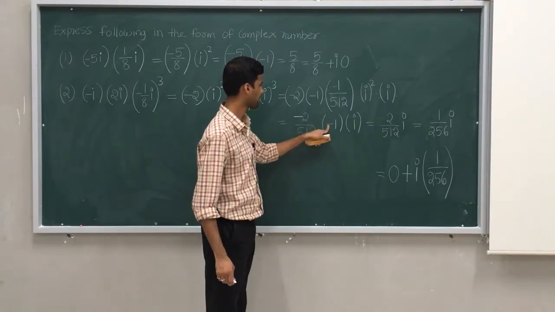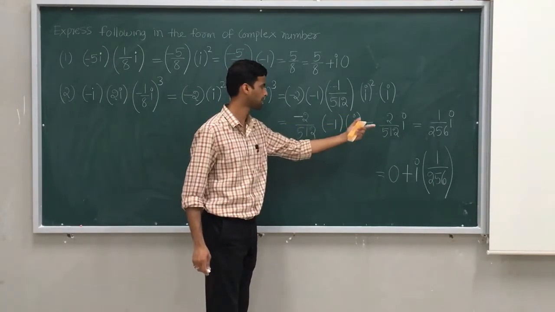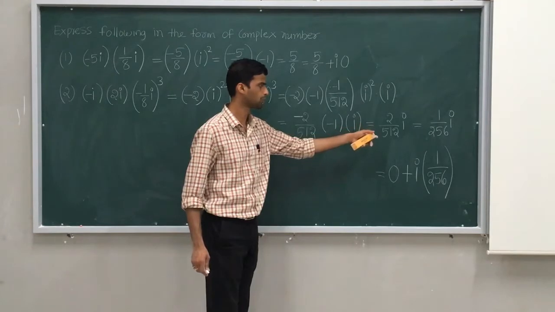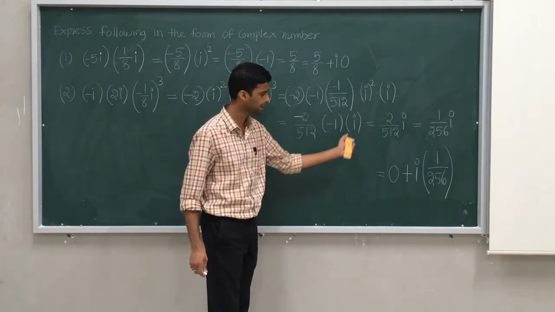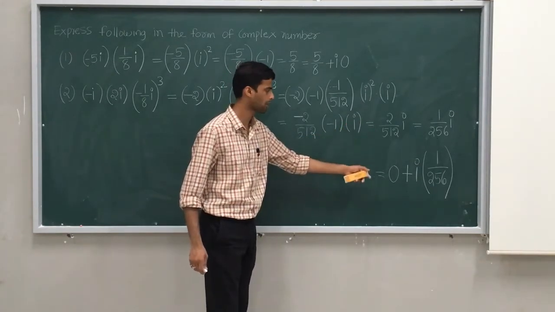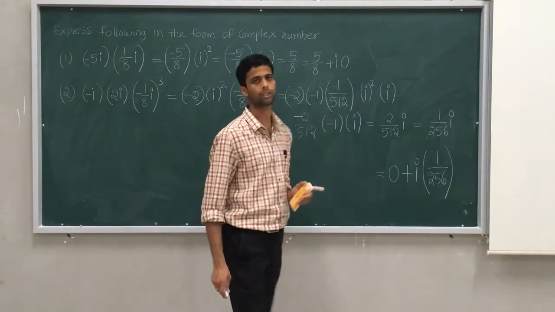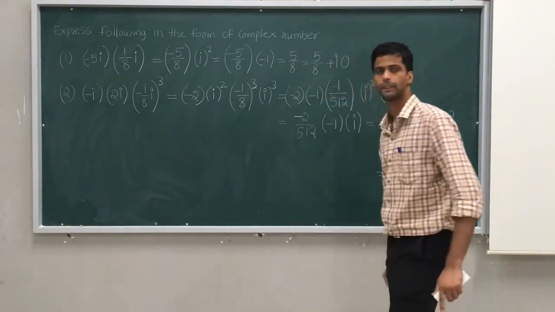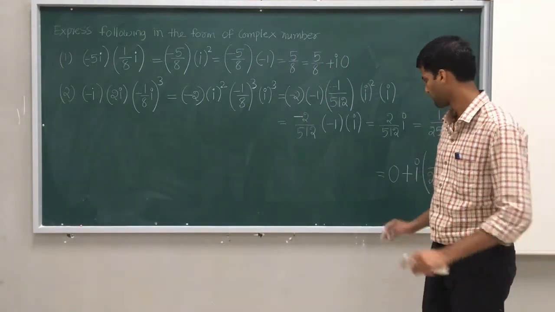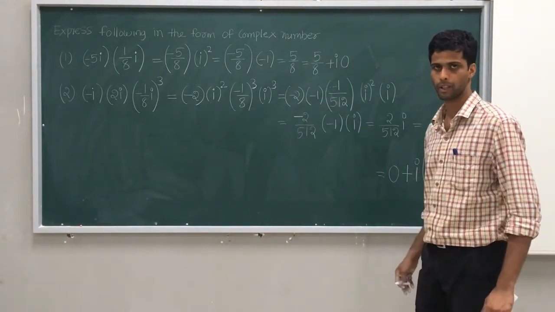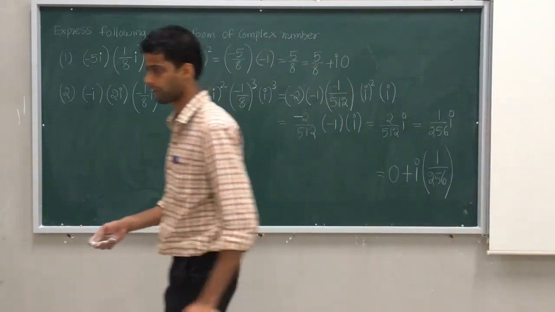So minus becomes plus: 2 divided by 512 times i, and 2 ones are 256 times i. They expect me to write in complex form, so 0 plus i times 1 by 256. That is the complex form of the given question. We will discuss the next question now.